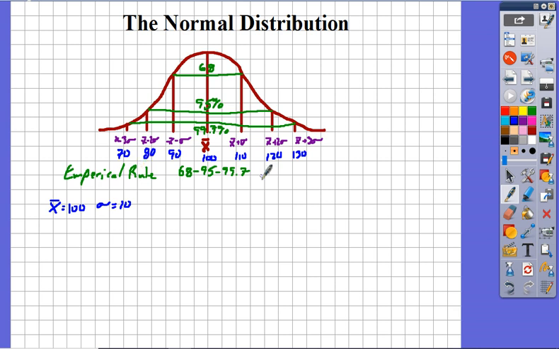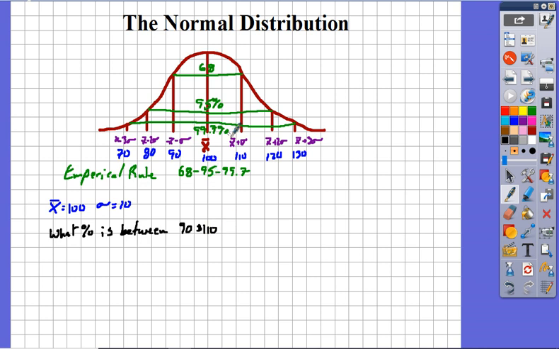Okay? I'm going to tell you it's always a really good idea to draw this picture so you can see where those cutoffs are. So now what we could do is ask you what percent is between, let's say, 90 and 110, right?